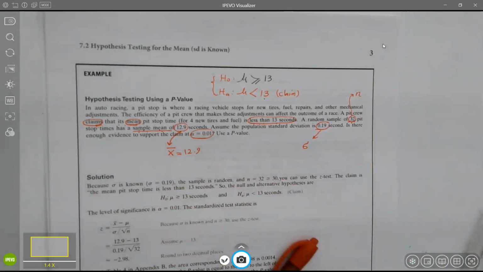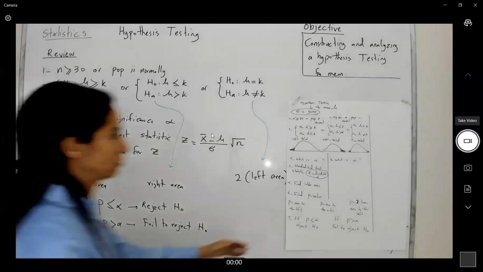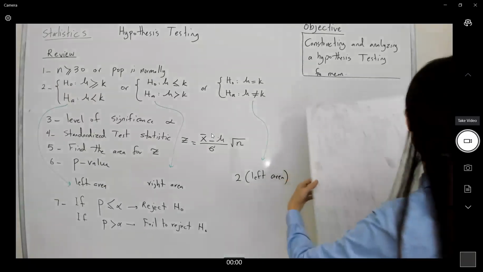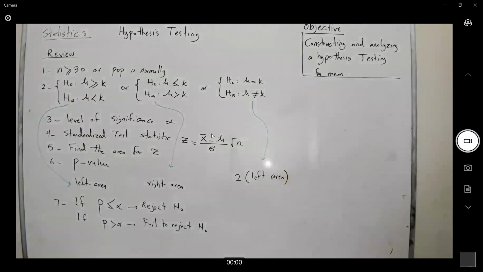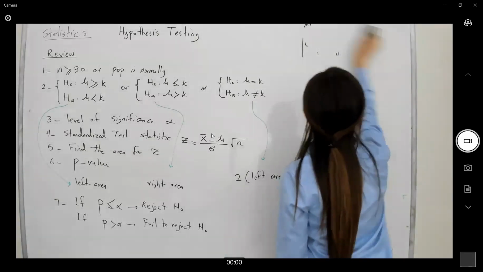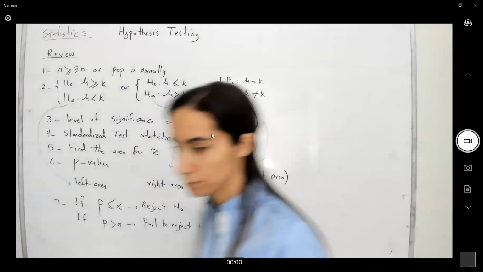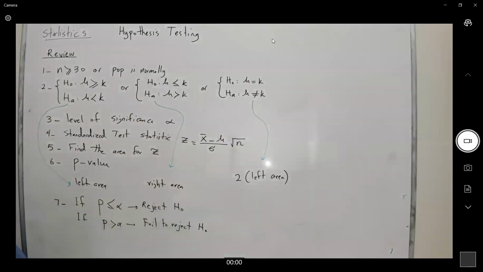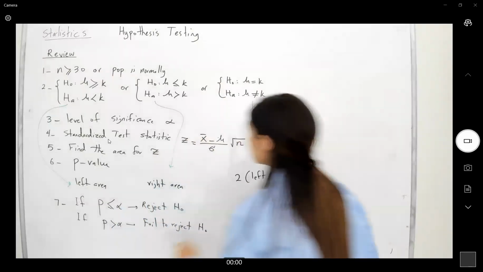Okay, let us go to the board. Write these steps on the board, step by step. So what information do I have here for this example? X bar and mu. Oh, one by one.